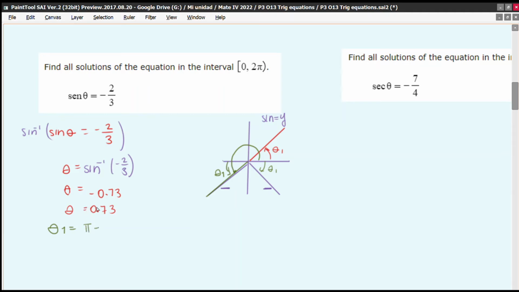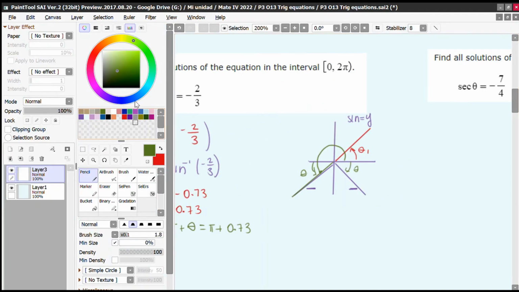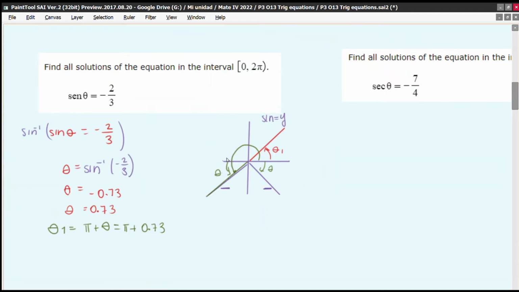So pi plus theta 1, 0.73. And my other solution that I'm gonna color in blue again, it's actually this entire angle right here. An entire angle that has the exact same reference angle, okay?